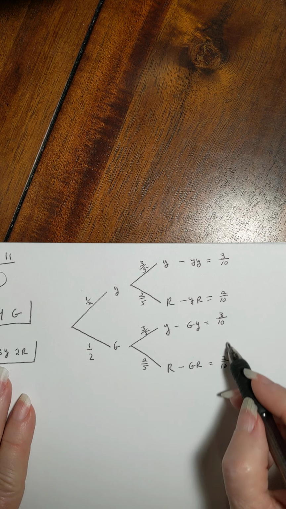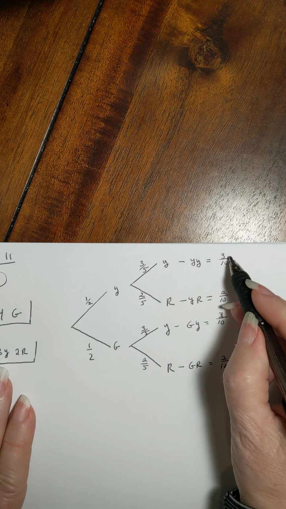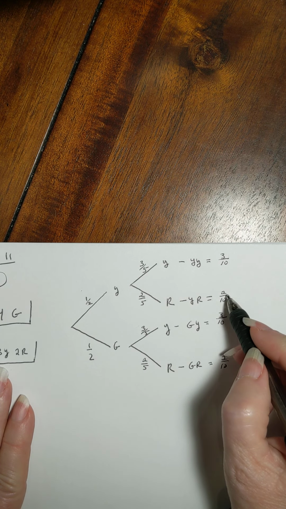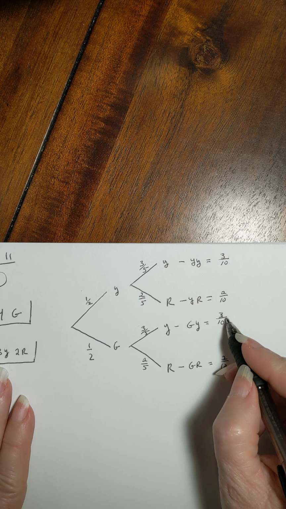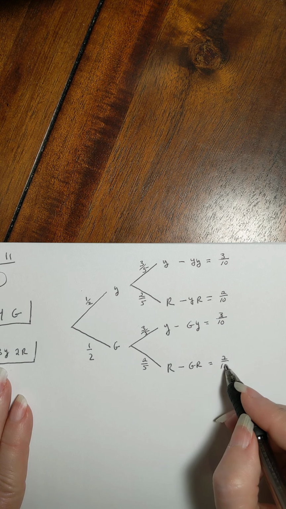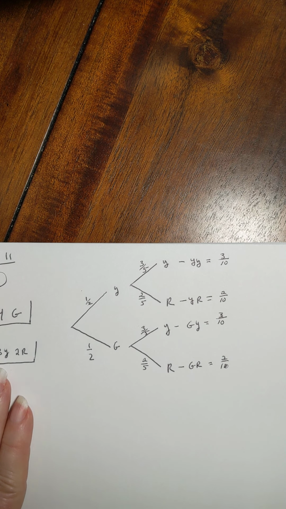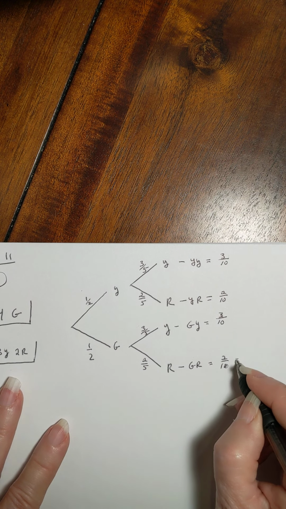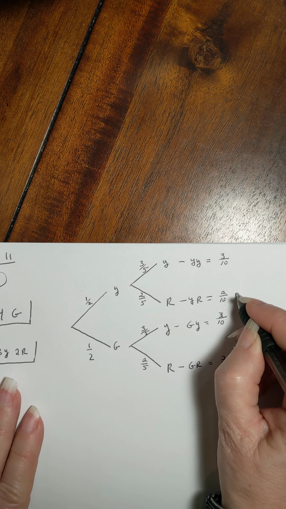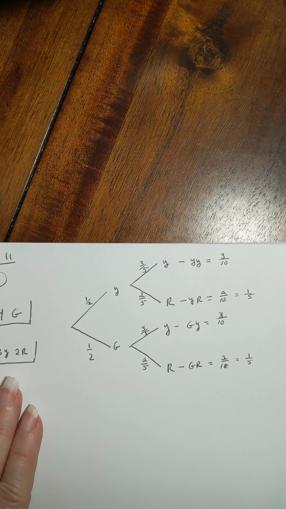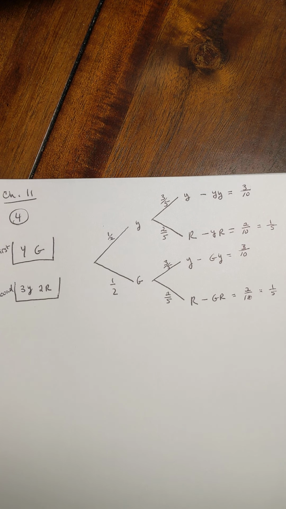And then if I add all of these up, 3/10 plus 2/10 is 5/10, plus 3 more tenths is 8 tenths, plus 2 more tenths gives me 10 tenths. So this line also adds up to 1. Now you should reduce these. This is 1/5 and this is 1/5. All right? So that's problem number 4.